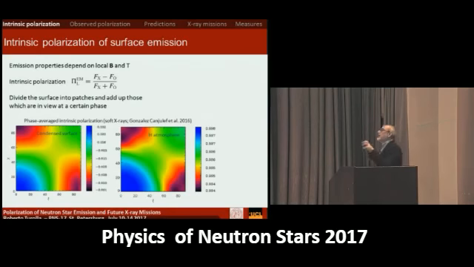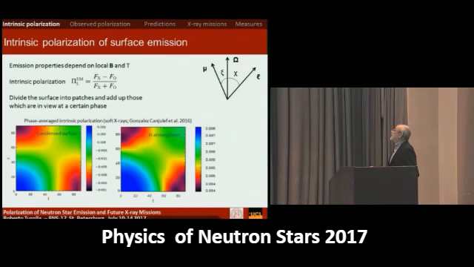Then if you would like to have an idea of how much the light coming from the surface of our neutron star is polarized, you can divide the surface into patches and sum up those which are in view at a certain phase. And of course, this will depend on the orientation of the neutron star and also on the angle which the neutron star spin axis makes with the dipole axis.